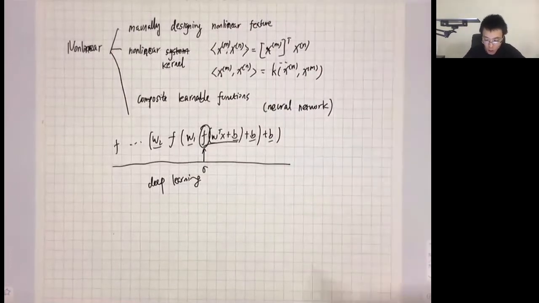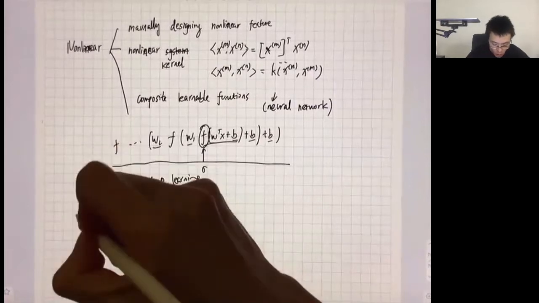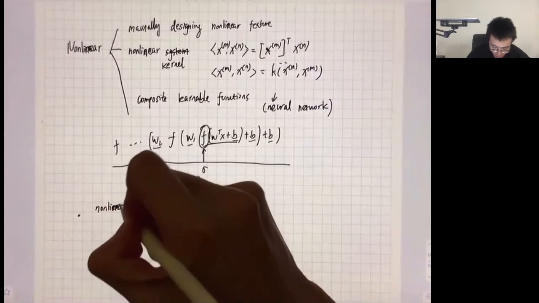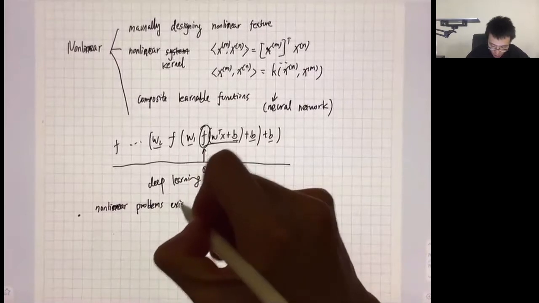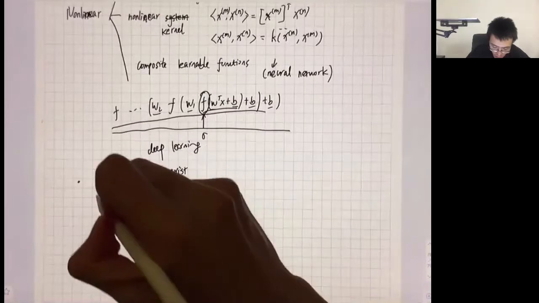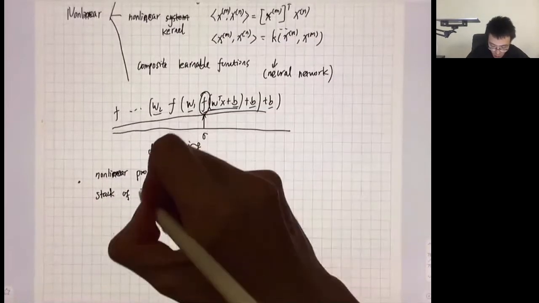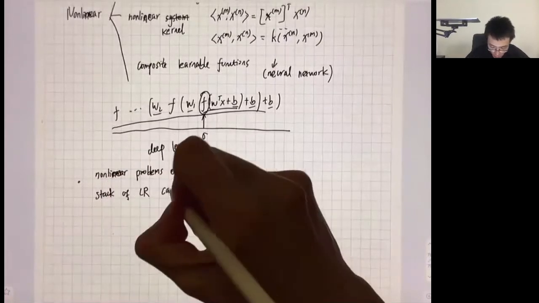But in this lecture, we're going to focus on a very standard neural network, or the simplest setting of the neural network. We're going to show that first, nonlinear problem exists. And then we're going to show that with such a model, a stack of, you can think of each model as the logistic regression, then the stack of logistic regression can solve the problem.